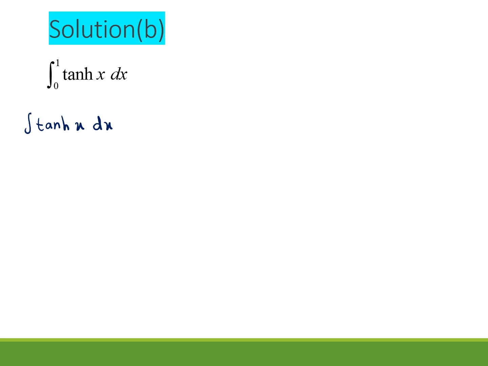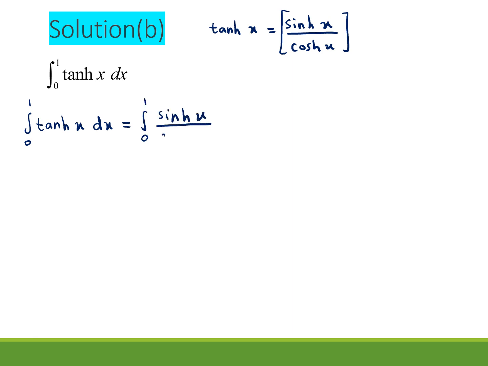So what we need to do is, we know that tangent hyperbolic of x is equal to sine hyperbolic of x over cos hyperbolic of x. So we can represent tangent hyperbolic of x with this equation. So the integral of tangent hyperbolic of x dx from 0 up to 1 can be represented as the integral of sine hyperbolic of x over cos hyperbolic of x dx.